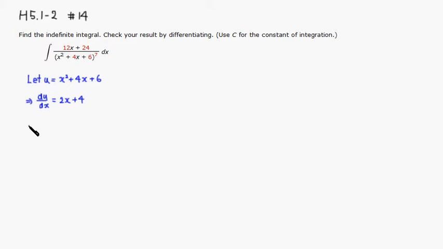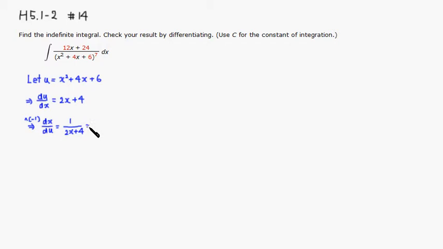Then we take the reciprocal of both sides, which is equivalent to raising to the negative 1 power. So you have dx over du is equal to 1 over 2x plus 4. And if you want, we can actually factor out 2.